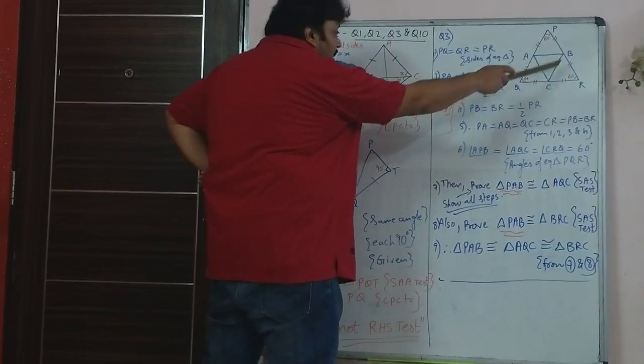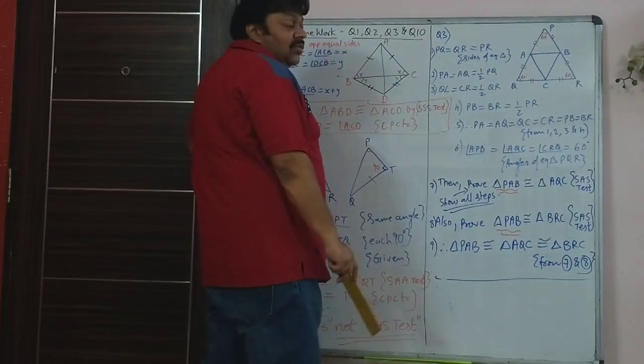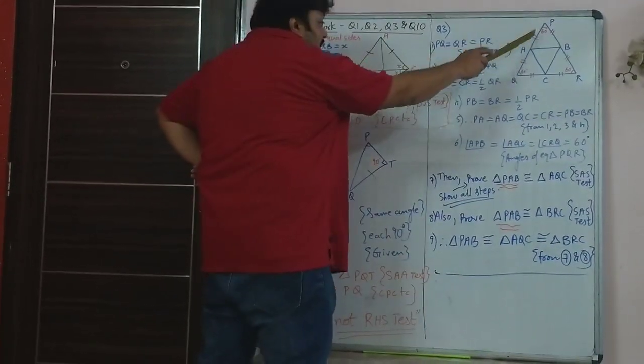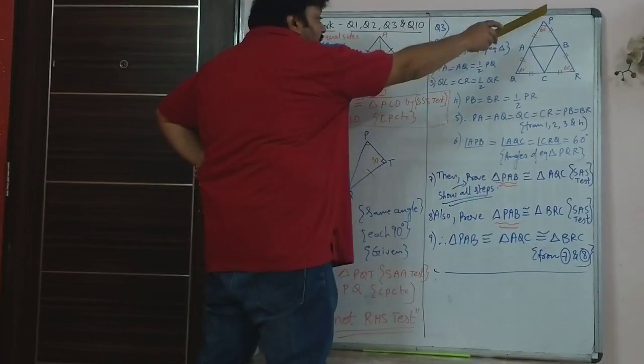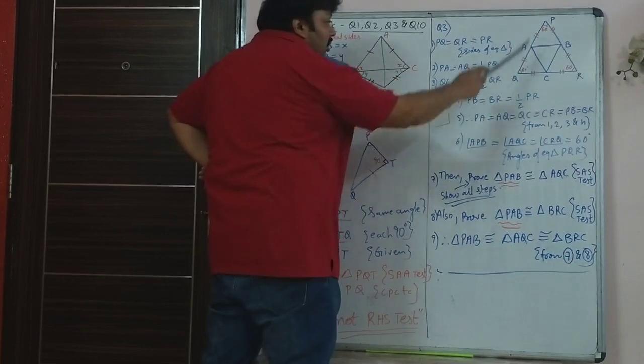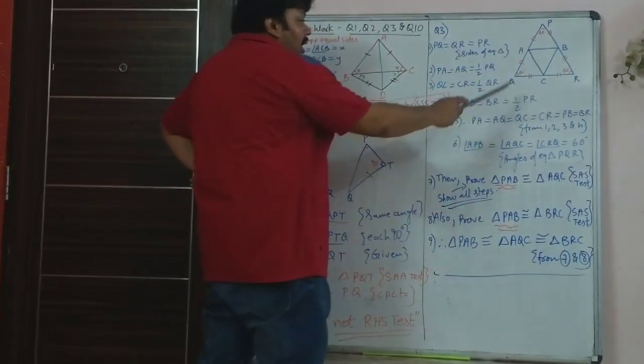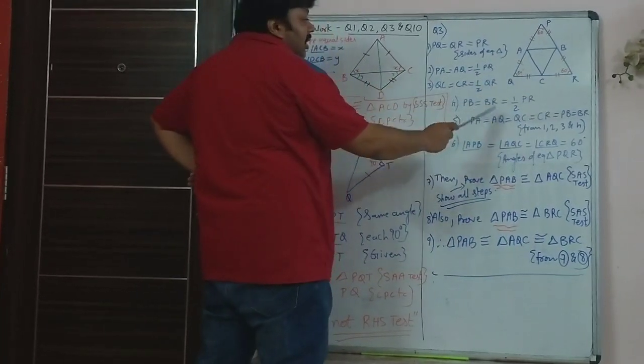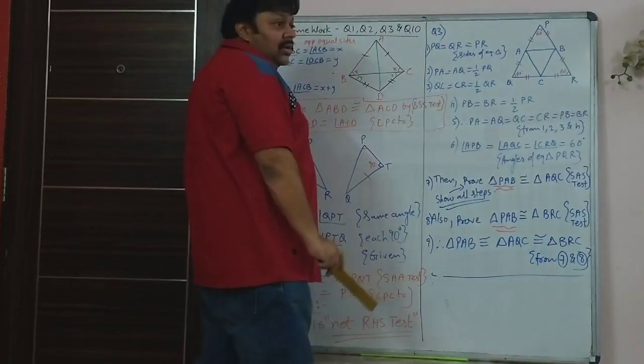Now you are given A, B and C are midpoints of those corresponding sides. So you can say PA is equal to AQ, half of PQ. PB is equal to BR, half of PR. And QC is equal to CR, half of QR.